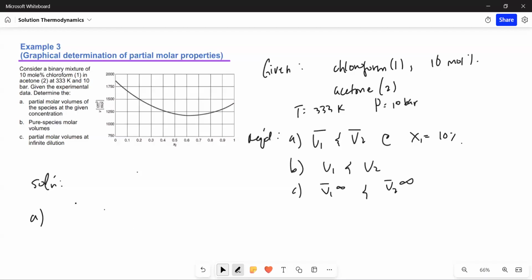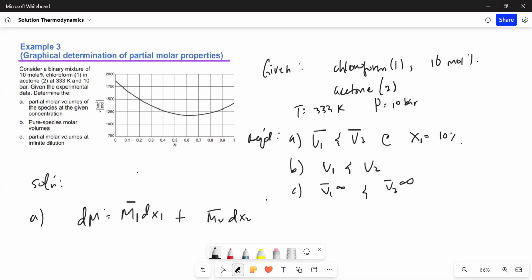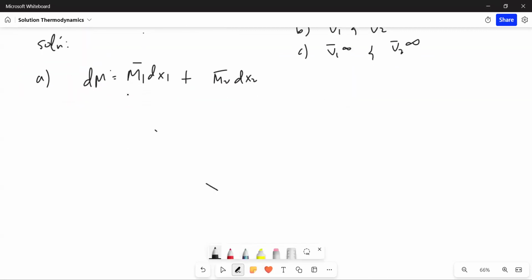Again, we're trying to derive an equation for the partial molar property, but this time in terms of dx2. So we begin with the equation dM is M1 bar dx1 plus M2 bar dx2. And then we replace the dx1 with negative dx2.